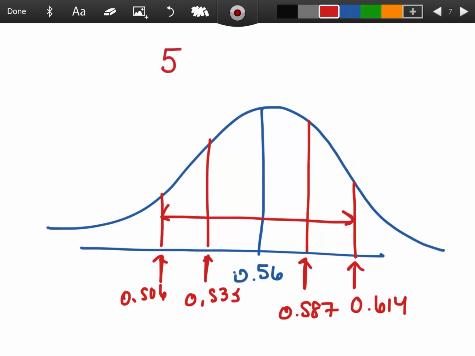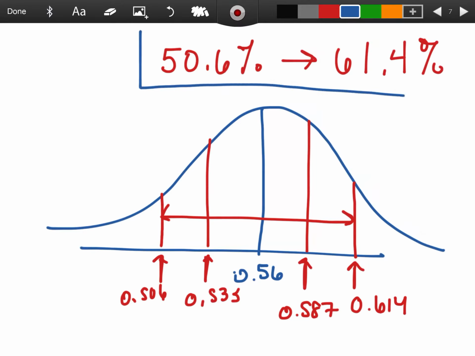So technically, based off of this estimate of my normal curve, I am 95% confident that somewhere between 50.6 and 61.4% of the true proportion, the whole group, the entire population, is going to vote for Lloyd Dobler here.